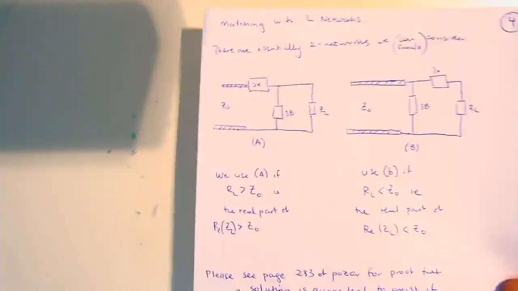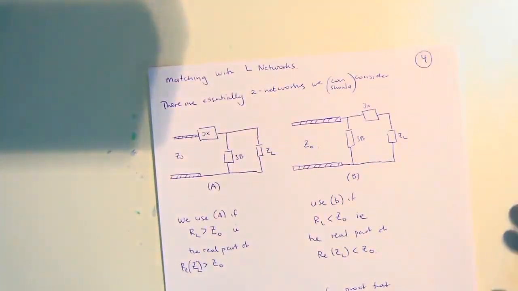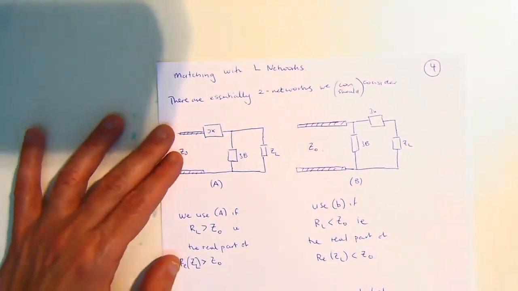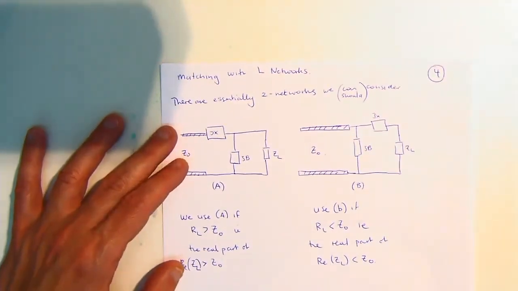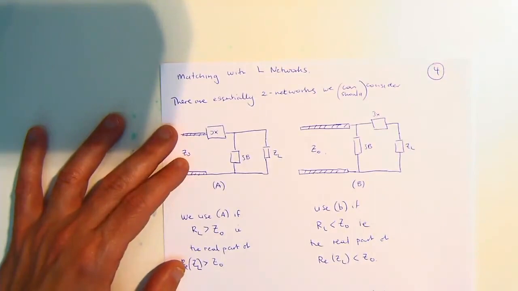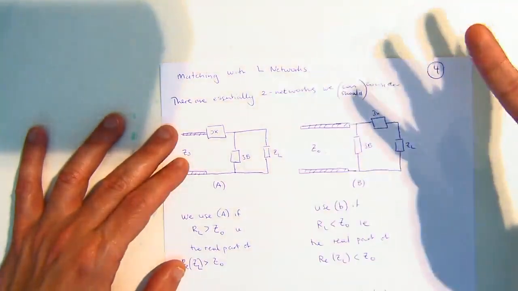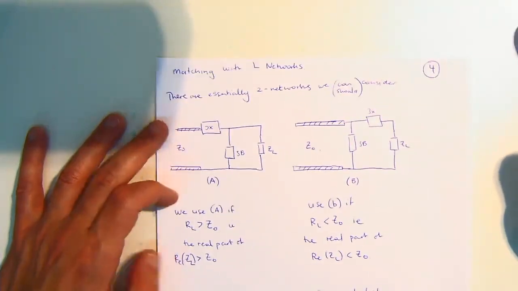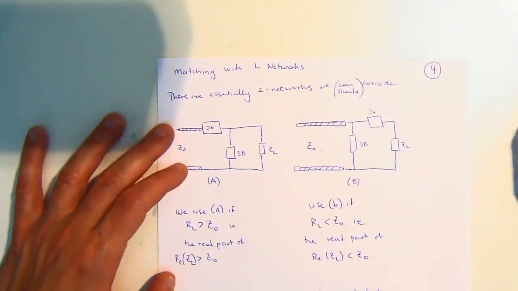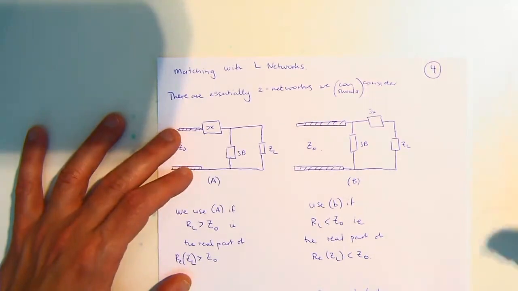Now, what I'm going to talk about is, how do we match? Essentially what I'm talking about here is something called L networks. The point is that I'm going to be looking at matching, in the first instance, using lumped components.